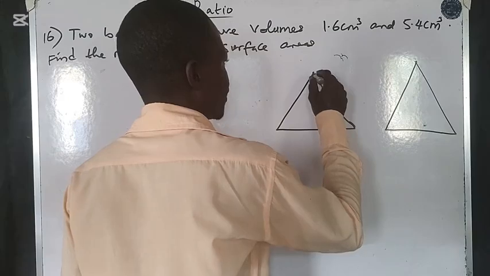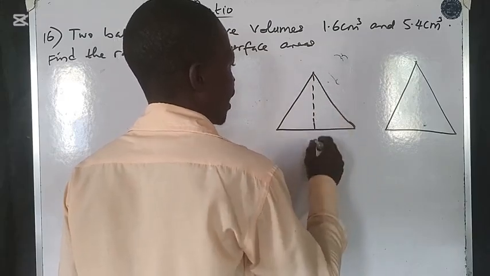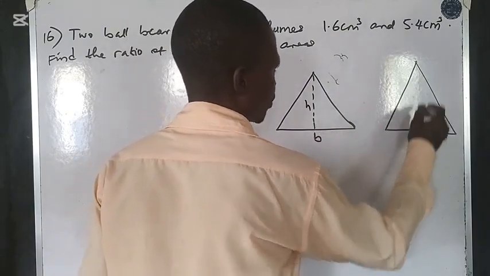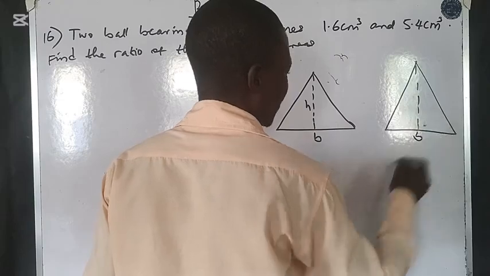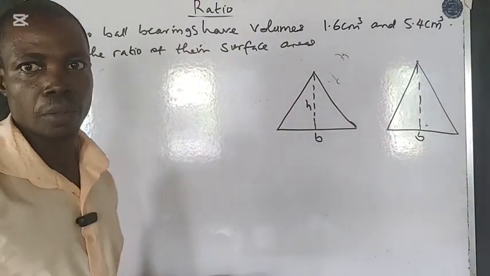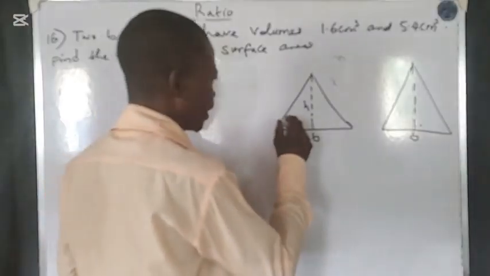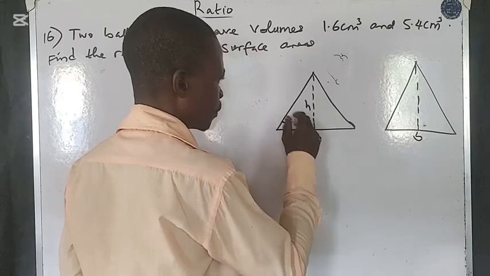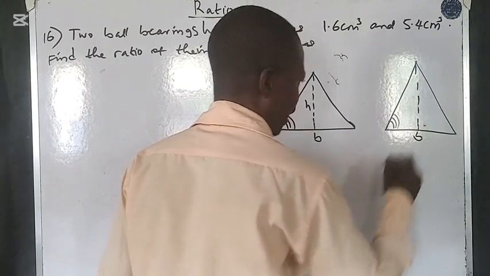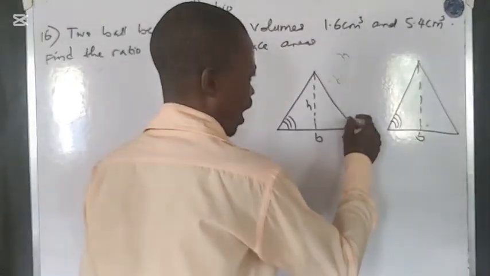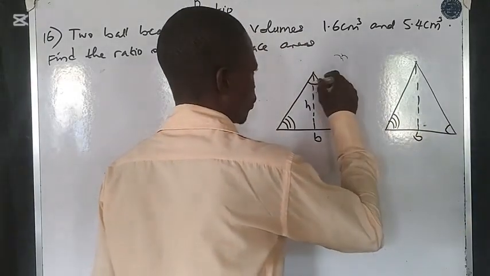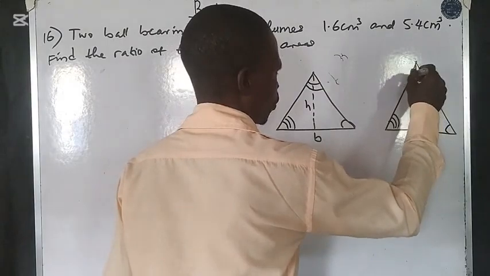There is a height here, and we call this place the height, and this place the base. If they are similar shapes, corresponding angles will be equal. If this place is 3, this side too will be 3. If this place is 1, this place will be 1, and if this is 2, this place will be 2.